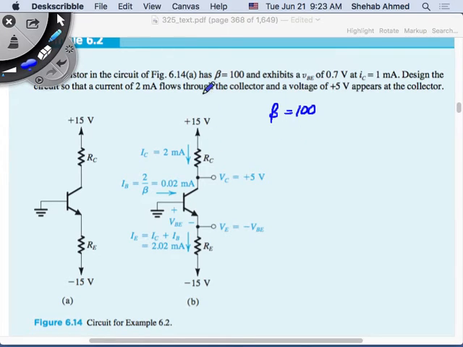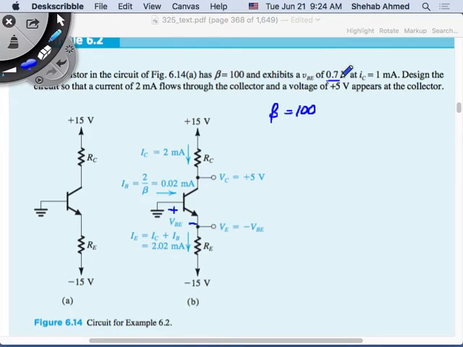Okay. So now, that being said, how do you go about this? We are given beta 100. Again, VBE, the base to emitter voltage here, is 0.7. So if this voltage between these two nodes is 0.7 volts, with the base at a higher voltage, this is VBE, and it's a positive number, which means the base is at a higher voltage than the emitter.